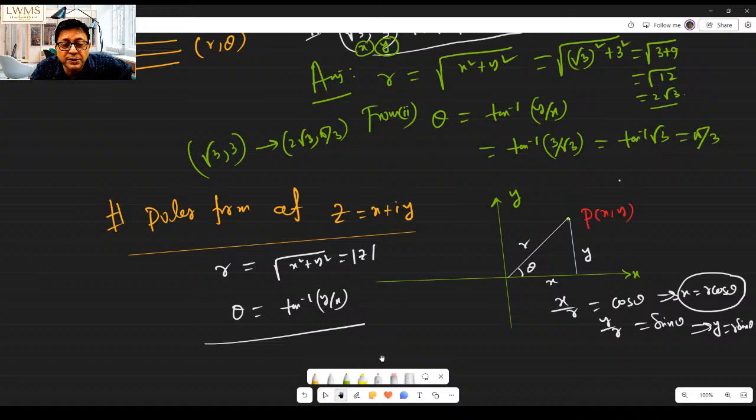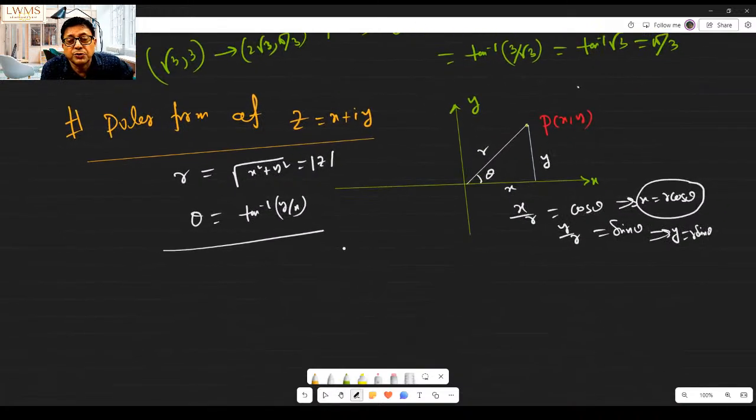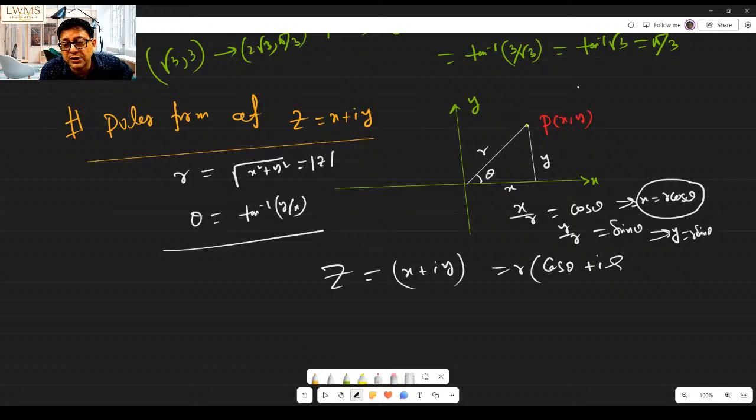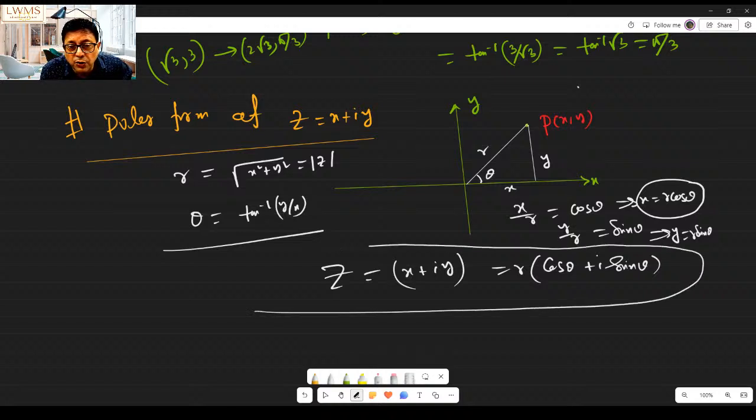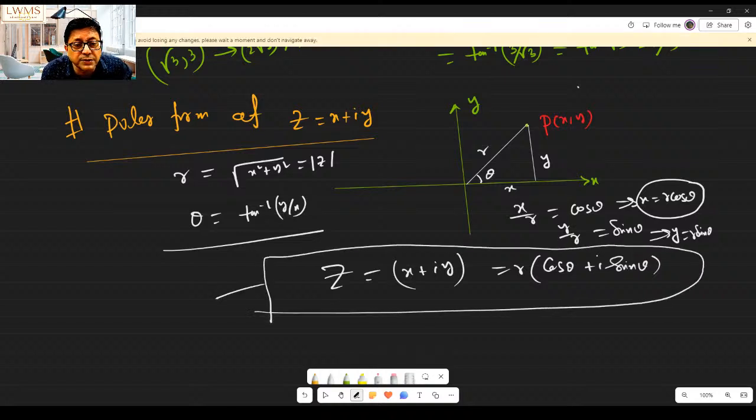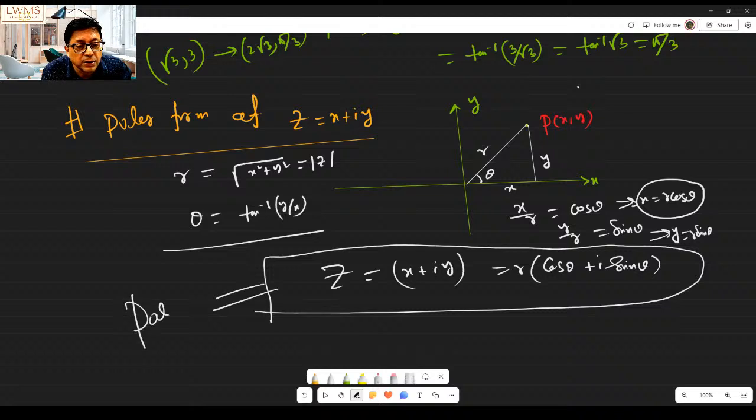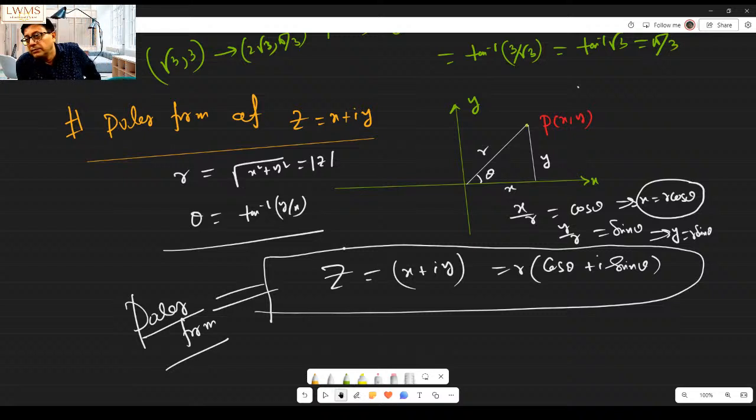Z is going to be x plus iy. This is nothing but r into cos theta plus i sin theta. This is called the polar form of a complex number. Okay? Clear? It's all right?